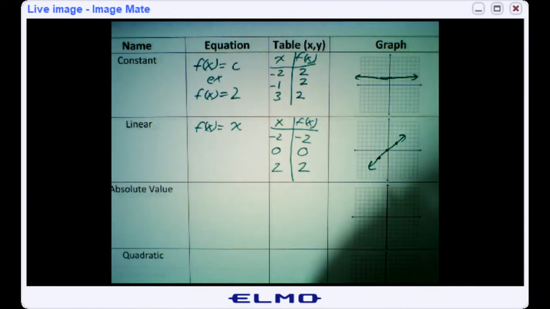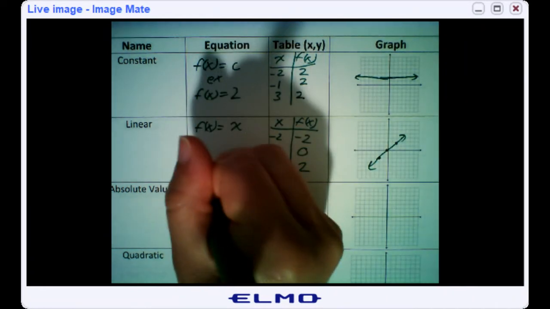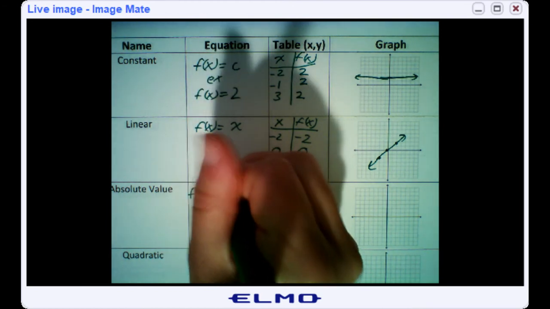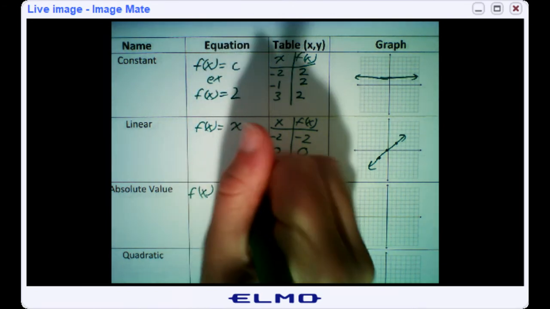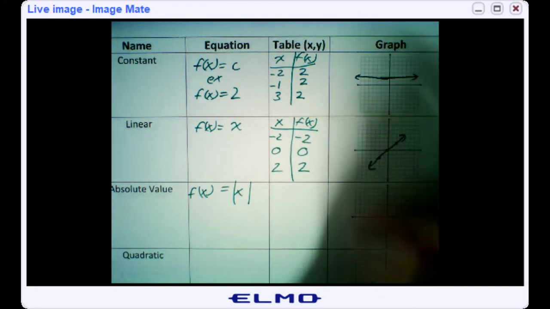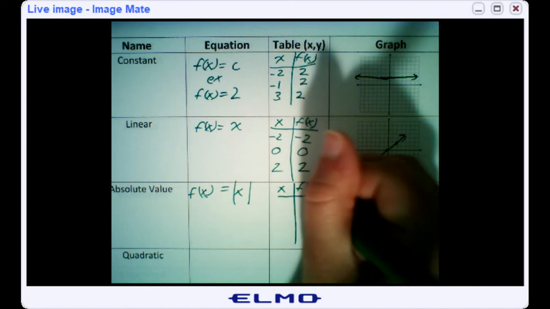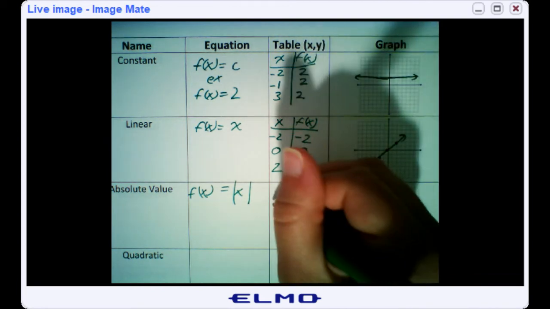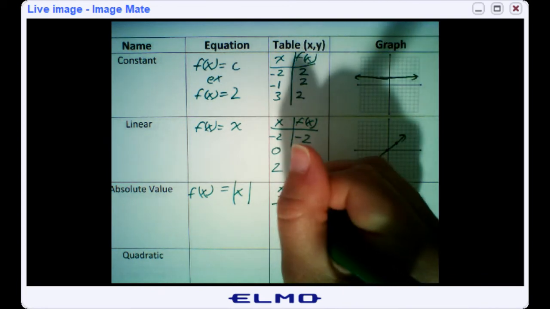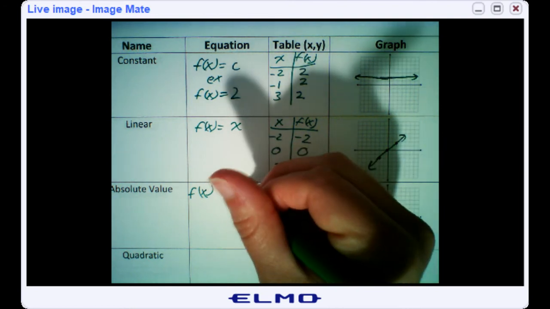Absolute value, f of x or y equals the absolute value of x. So remember, for absolute value, all it does, if I take -2 and put where x is, make it positive.